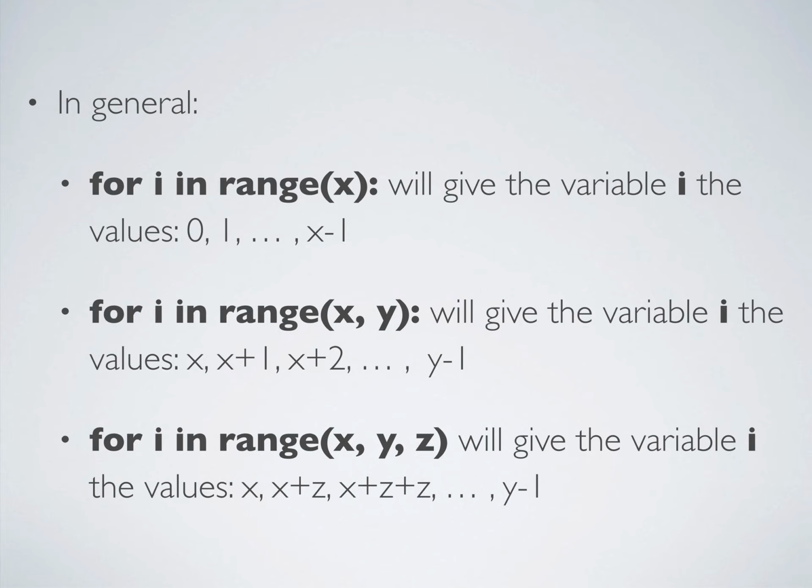If you have three arguments, x, y, and z, remember with 3 it's start, stop but not include, and skip. So in this case you do x, x plus z, because remember the z is how much you're going up by each time, x plus z, and so on all the way up to the number that is going to be closest to y but not including y.